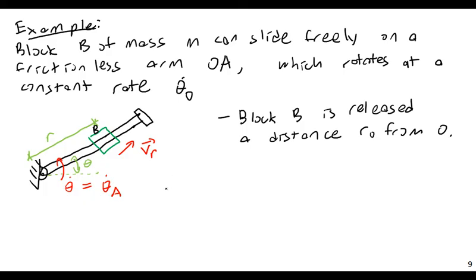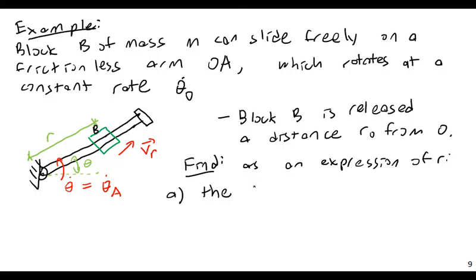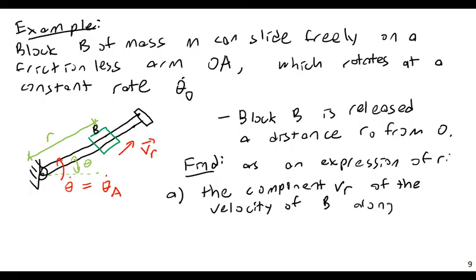Okay? And I'm asked to find, as an expression of R and theta dot A, the component VR, the radial component, how fast it is sliding along the shaft, of the velocity of the block B along OA.